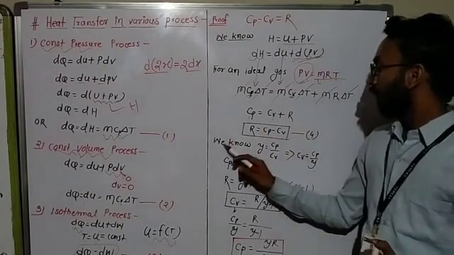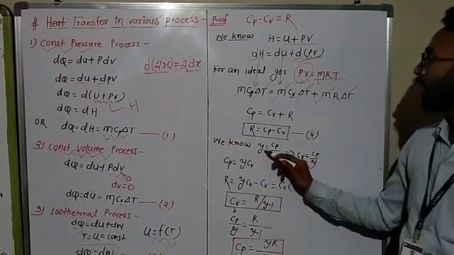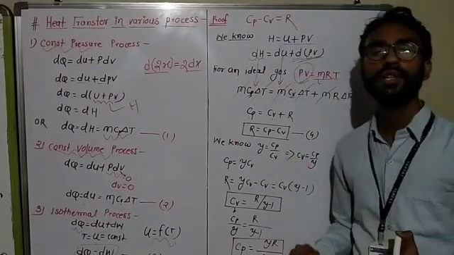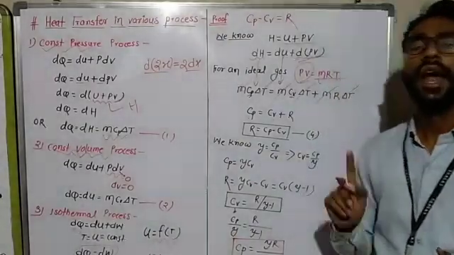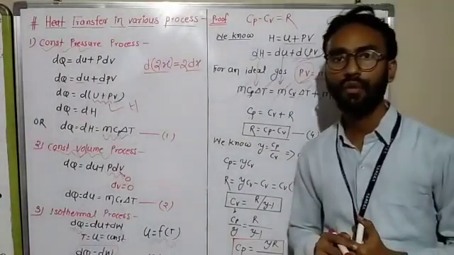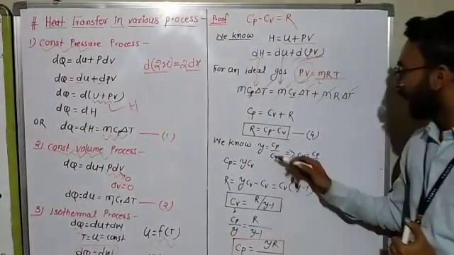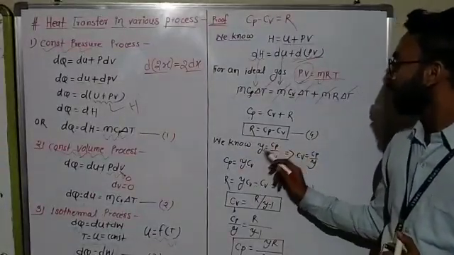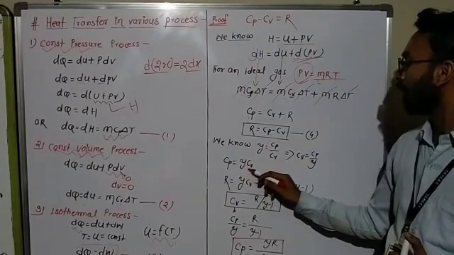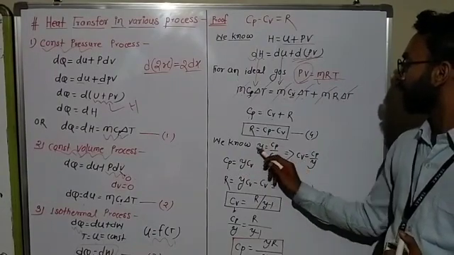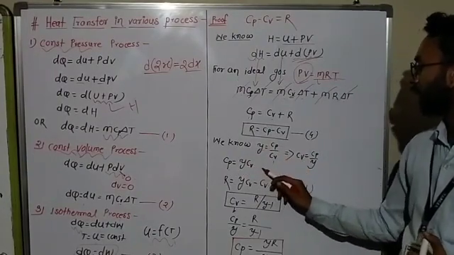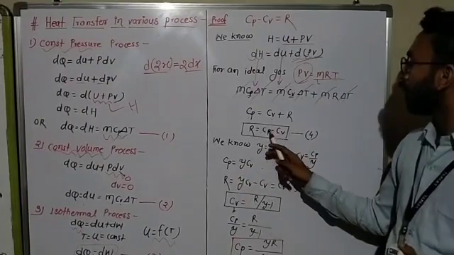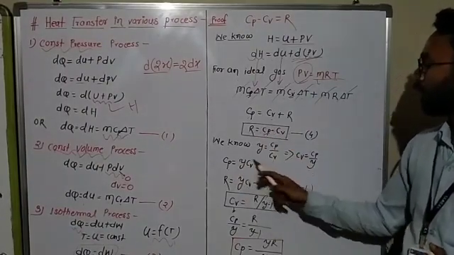Now, we know very well the adiabatic index. The adiabatic index is nothing but the ratio of the specific heat at constant pressure to the specific heat at constant volume. This is the adiabatic index. We can write the value of Cp in terms of gamma and Cv. Cp is equal to gamma into Cv. Now, R is equal to Cp minus Cv. Put the value of Cp here.